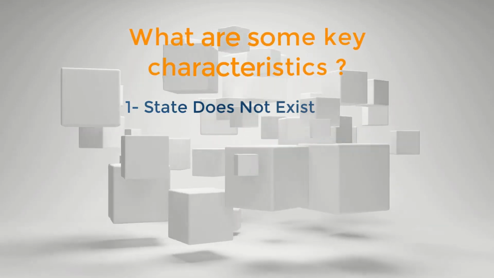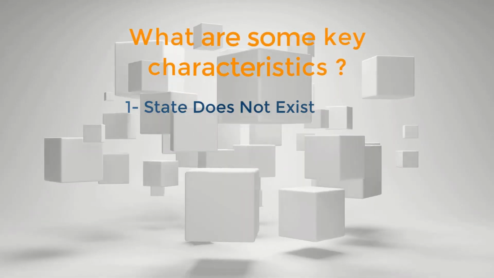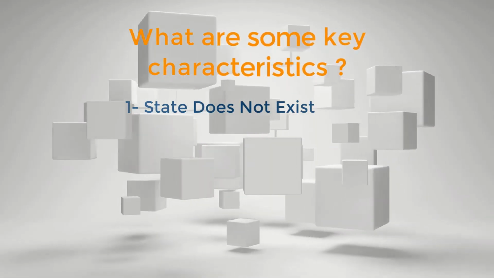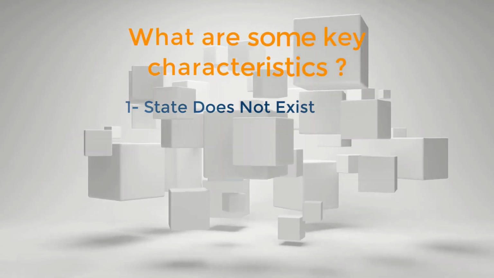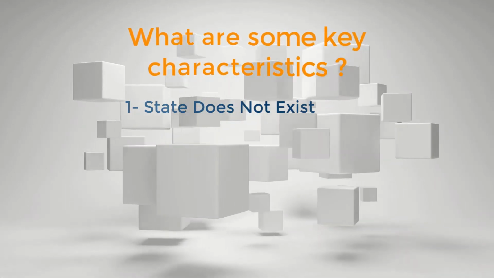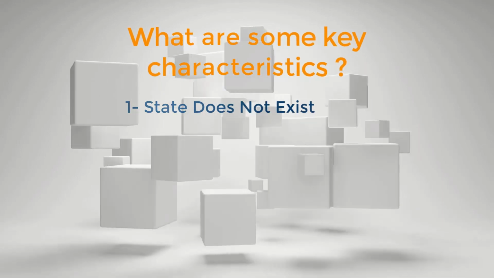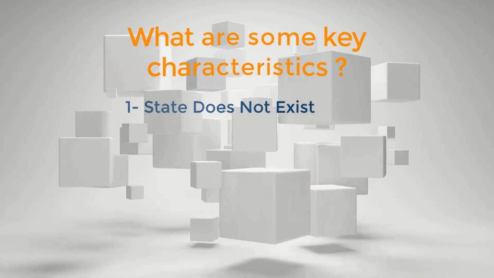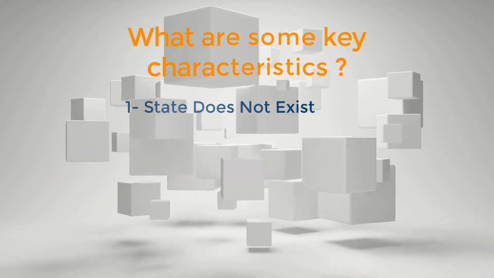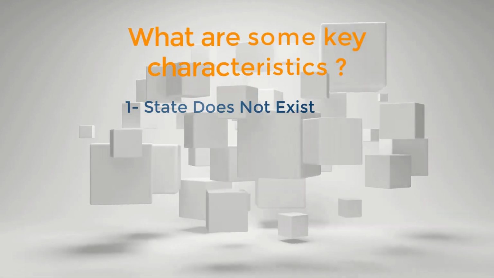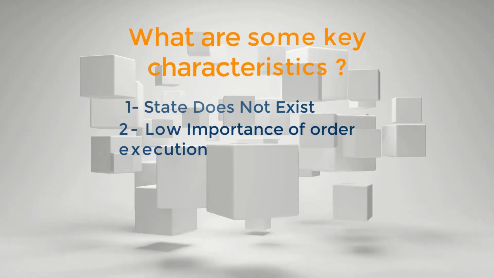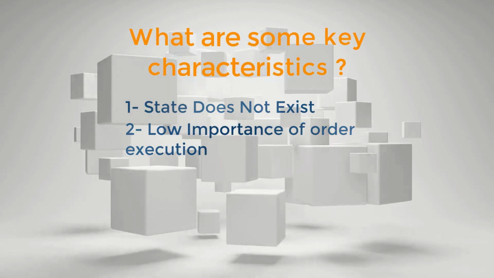Variables in imperative languages are inherently mutable in nature. The program is set up as a series of expressions which act on variables and alter their values as they keep executing. And two, we have a low importance of order of execution.